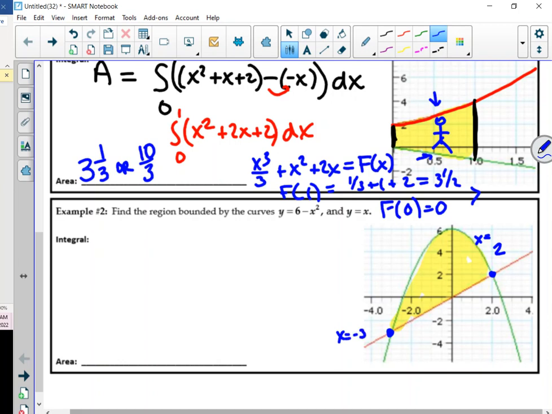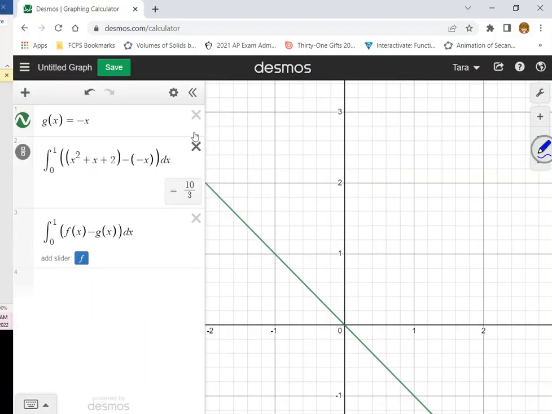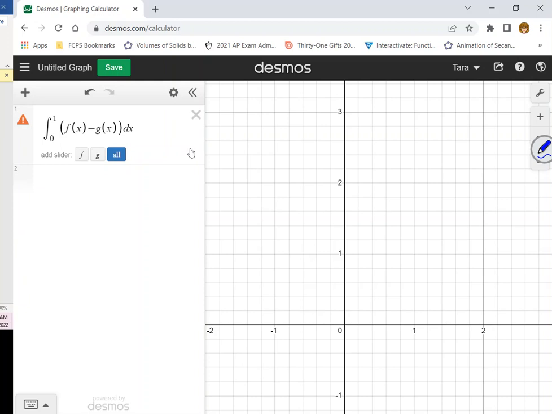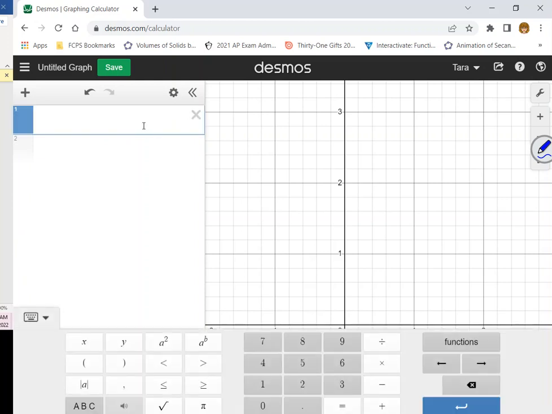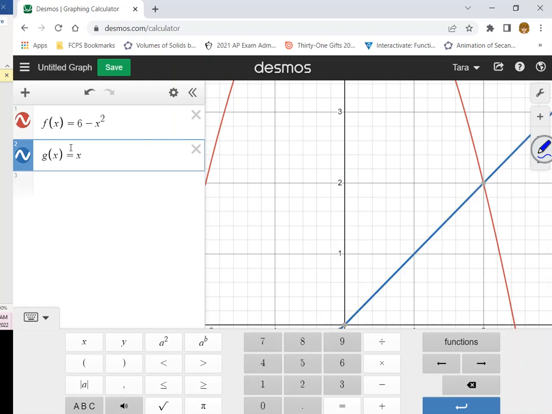But if we didn't have that, this is where Desmos is really superior to your handheld. It does it so much more nicely. If we type in one of the functions, I will scroll out, and I'm giving them names just to make it easier.